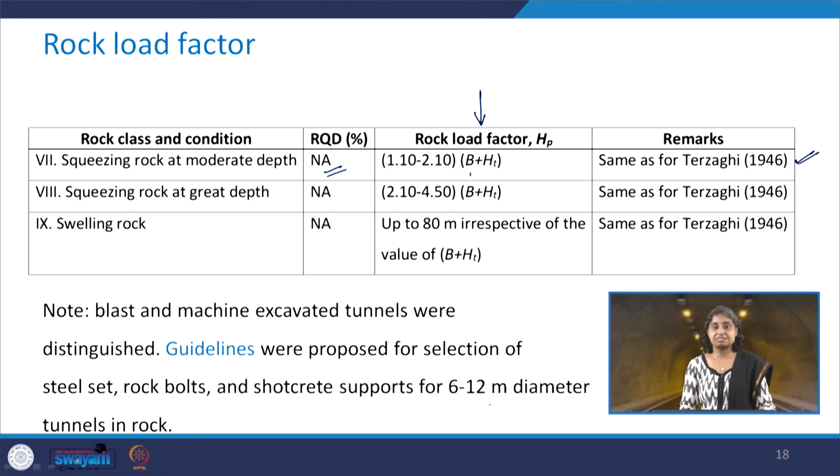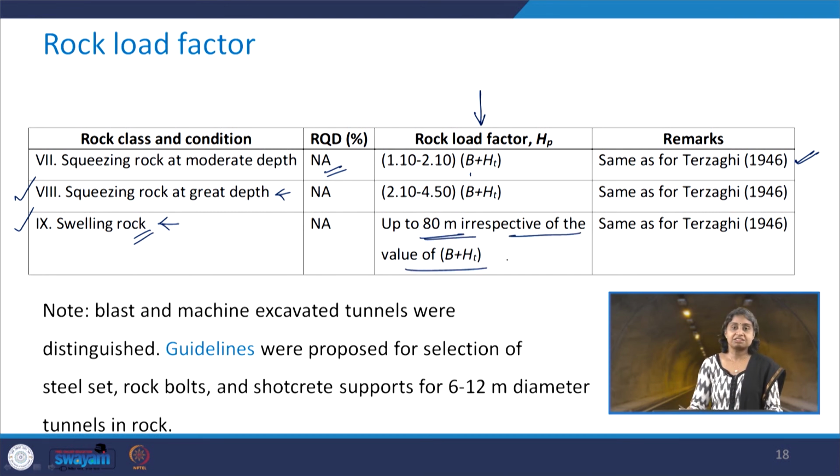Similar is the situation for rock classes 8 and 9, that is, squeezing rock at great depth and swelling rock. RQD is not applicable here either. For example, in the case of swelling rock, the rock load factor will be up to 80 meters irrespective of the value of B plus HT.